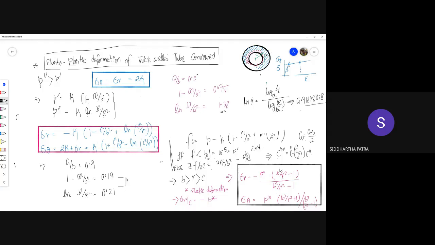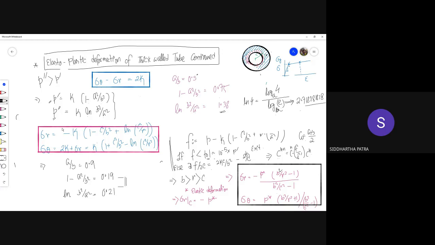What does that mean? This is the pressure at which nowhere in the cross section there is plastic deformation. It's just about to start at the inner radius. And this is the pressure at which the entire cross section has become plastic, and everywhere plastic deformation is taking place.